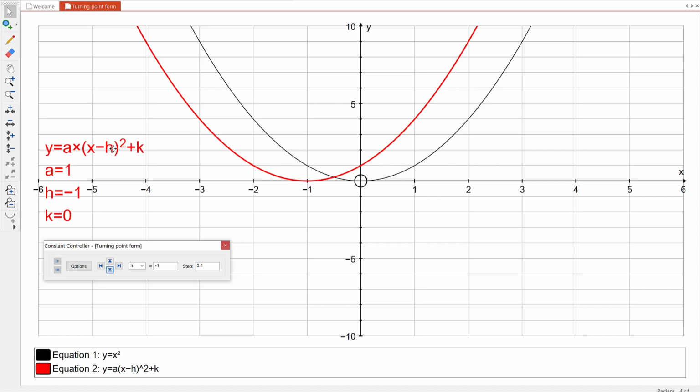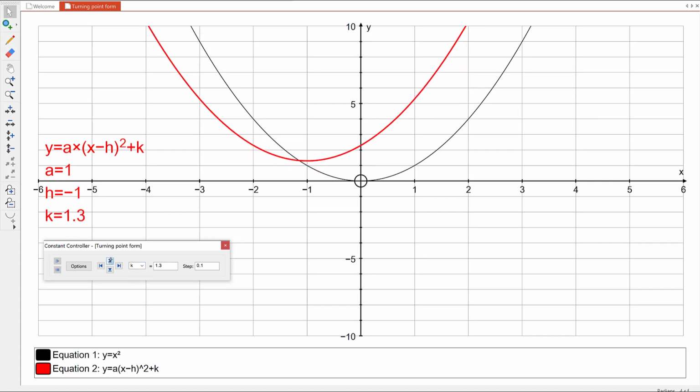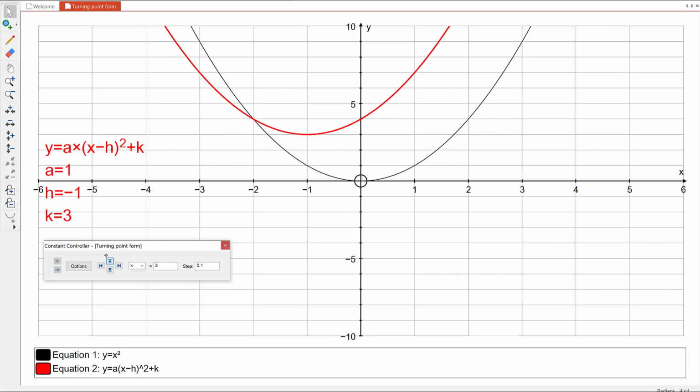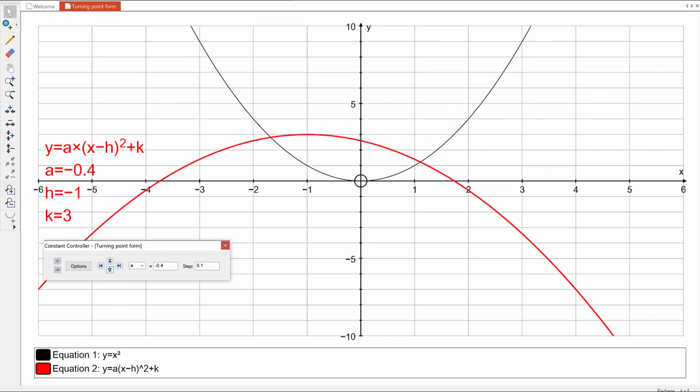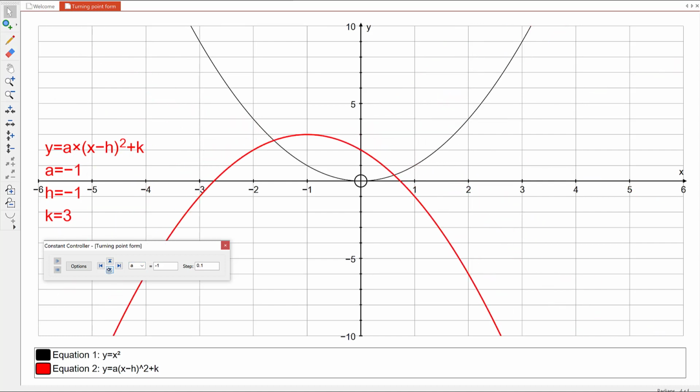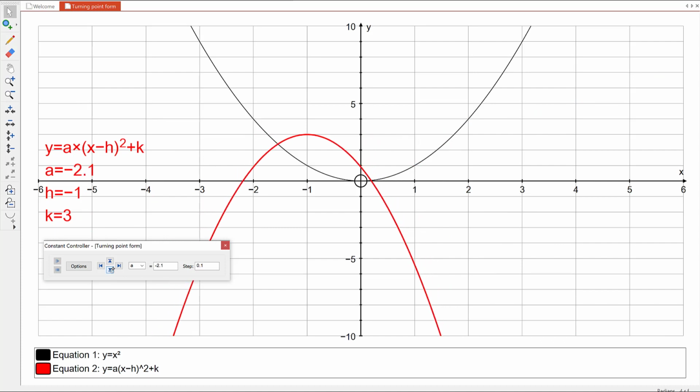We'll go back over to the notes and bring all that together. So obviously we don't need to just change one thing at once. So I can leave h as negative 1. I can make k positive something, positive 5. And then I could also make a negative 3.